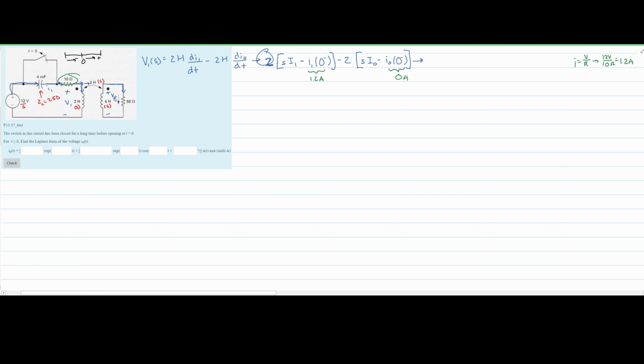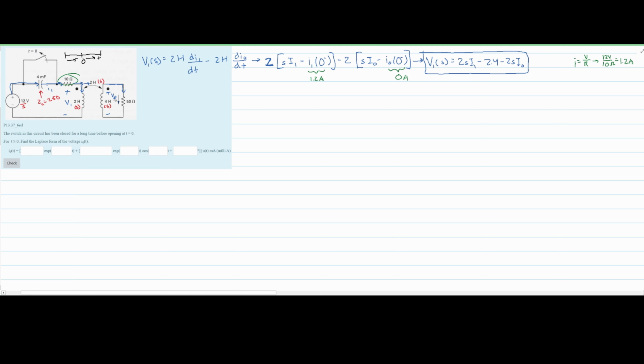So we are going to get that we have a V1 of S, and this is equal to, first we have our 2 times S I1, and then we have a minus 2.4 amps, and then we have a minus 2S times I naught. And so this is going to be our V1 in the S domain.